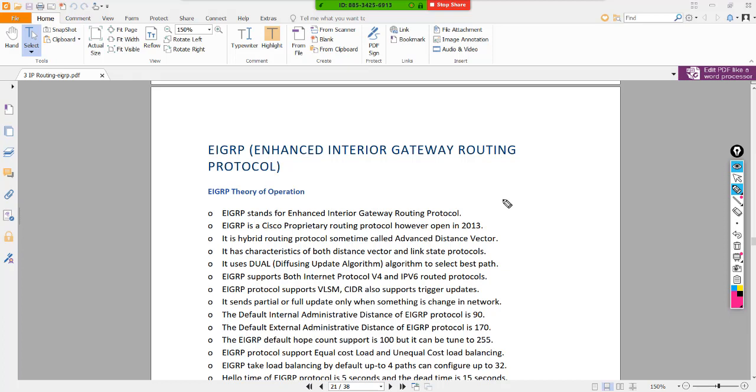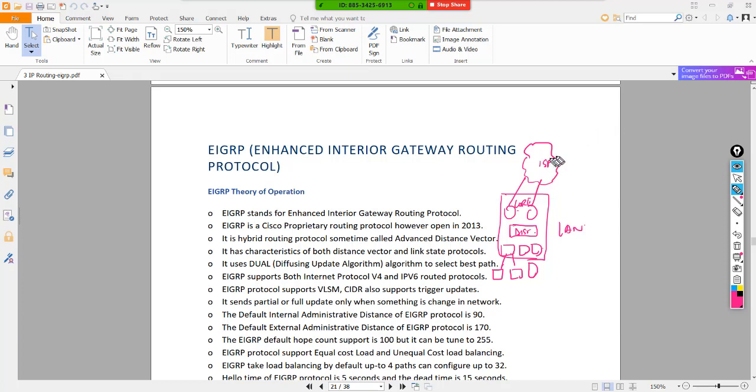Let's say you have a LAN network, which consists of core, distribution and access layers. These are the access layer switches, which connect directly with the computers, over here you have the distribution switches, and over here you have the core switches and a core router, which connects to the ISP.